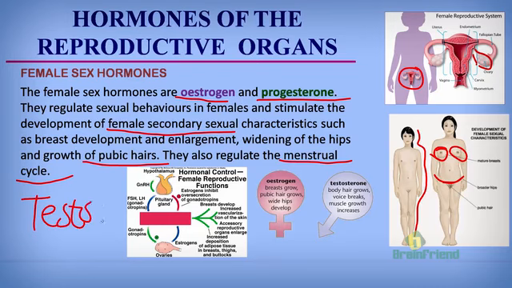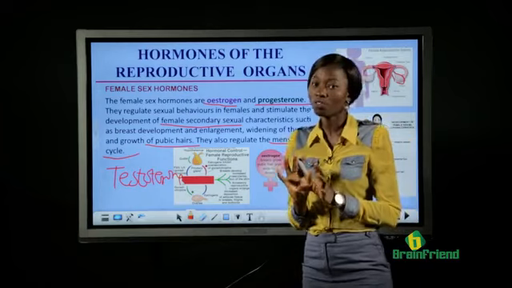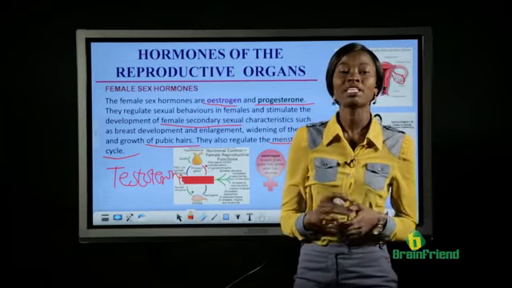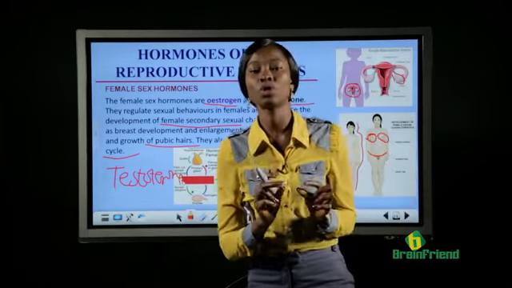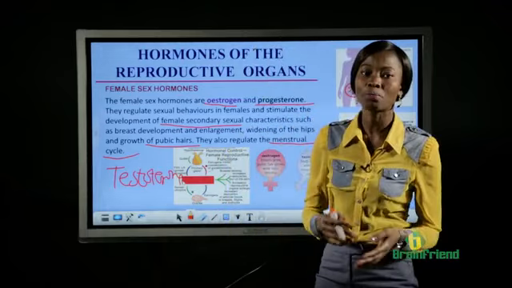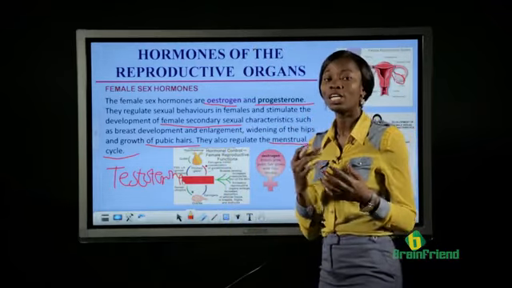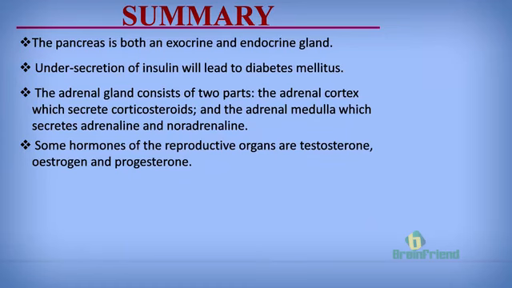Testosterone is generally regarded as a male sex hormone, but the bodies of females, especially the ovaries in the reproductive system, secrete a little testosterone. The adrenal gland in the bodies of females also secretes a little testosterone. This testosterone secretion is under normal regulation, so it doesn't cause all of those effects which it causes in the bodies of males. It can only cause those effects if its secretion is higher than what it should be.